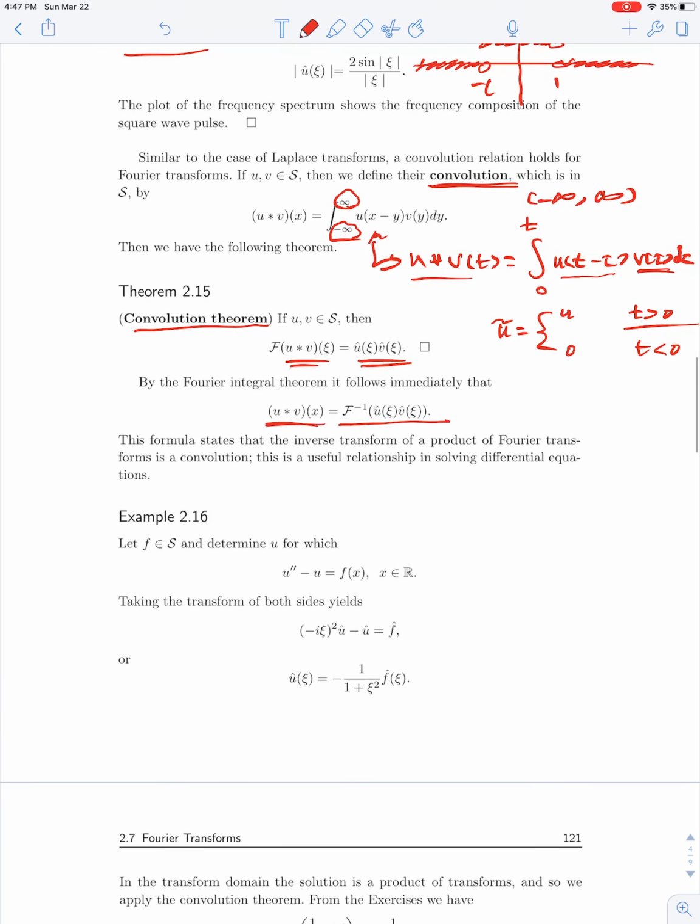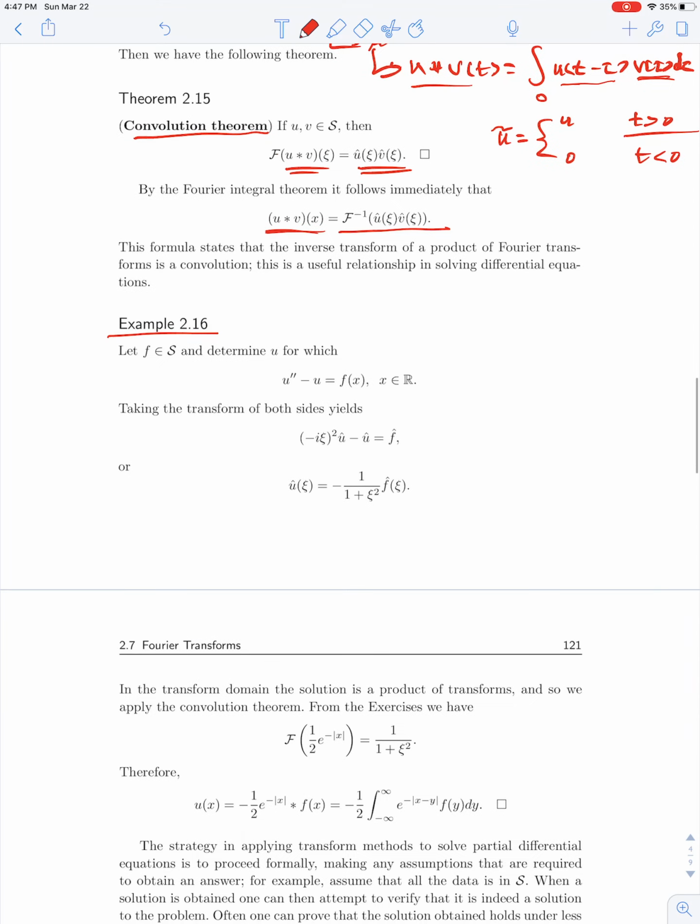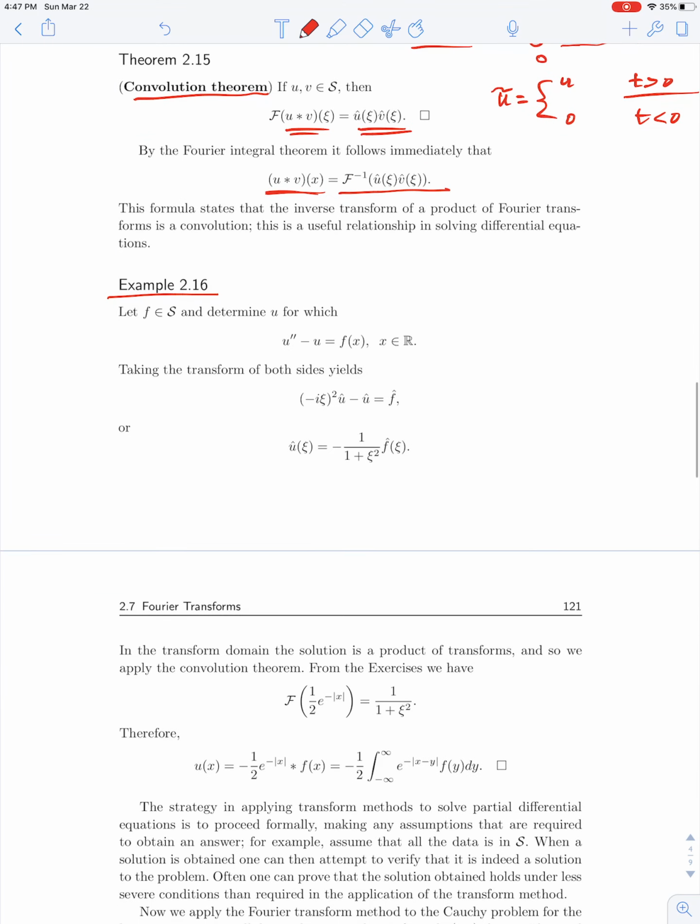The next example, 2.16, tells you how to use the Fourier transform to solve a differential equation. This is an ODE, and in order to solve it, you apply the Fourier transform to both sides of the equation.